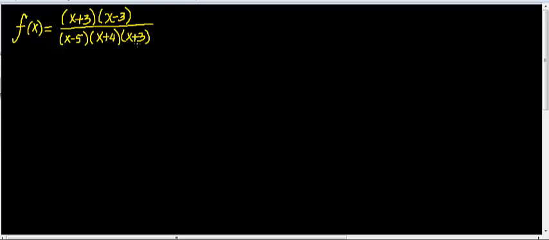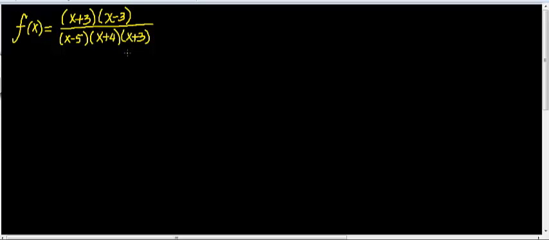And without doing anything, I know that x equals negative 3 is going to cause those zeros in the numerator and the denominator. Another thing I see is that x plus 3 and x plus 3 both have the same multiplicity. They're both multiplicity 1. So just by looking at these factors, I know that I will have a hole at x equals negative 3.